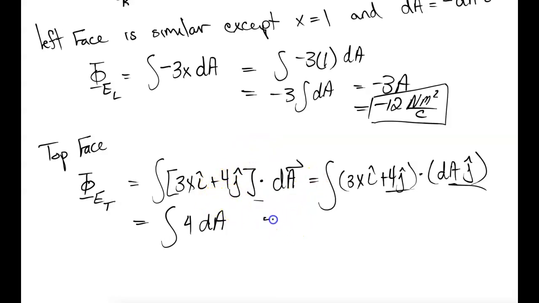And if I move the 4 out, I get 4 integral dA. So this is 4A, or 16 Newton meter squared per coulomb.